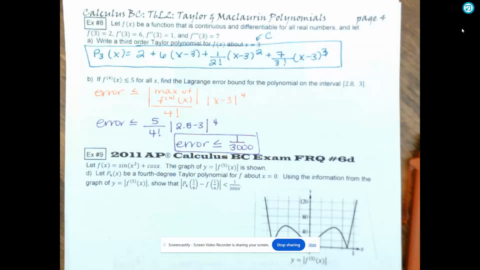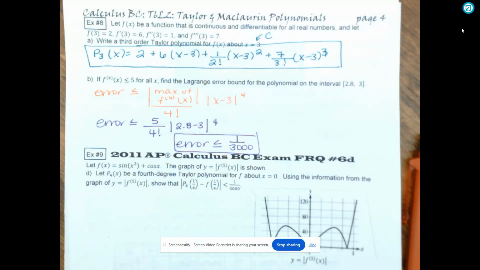All right, 2011 AP Calculus BC exam question FRQ 6D. Let f of x equal sine of x squared plus cosine x. The graph of y equals the fifth derivative of f is shown. Let p sub 4 of x be a fourth degree Taylor polynomial for f about x equals 0. So that's good, x equals 0.